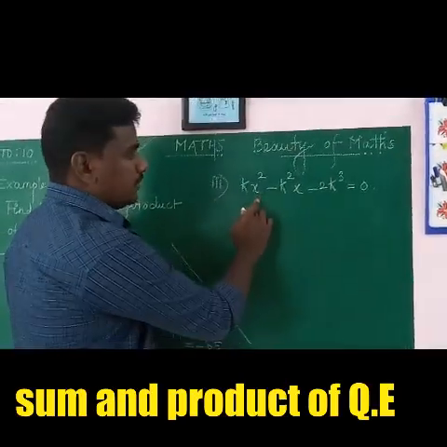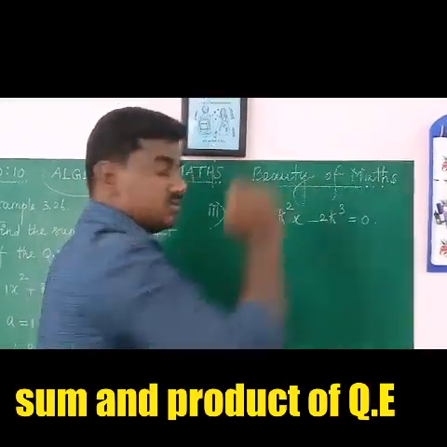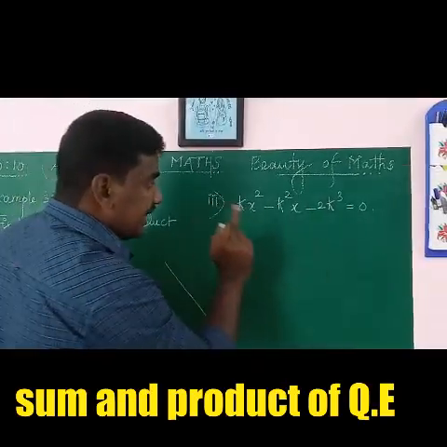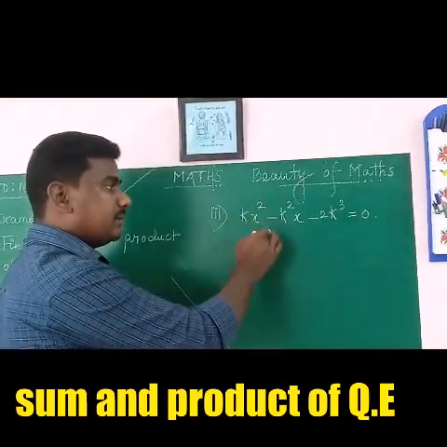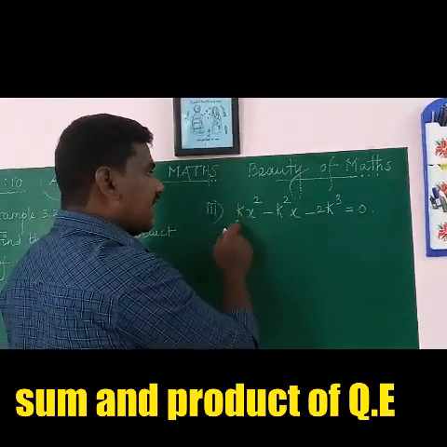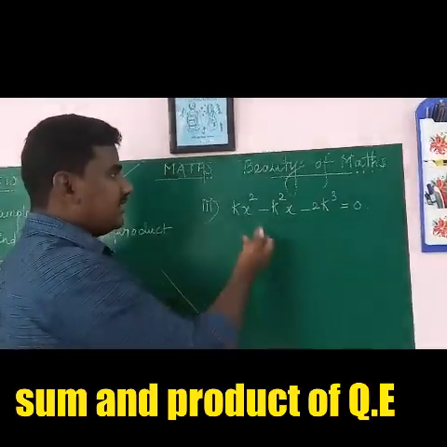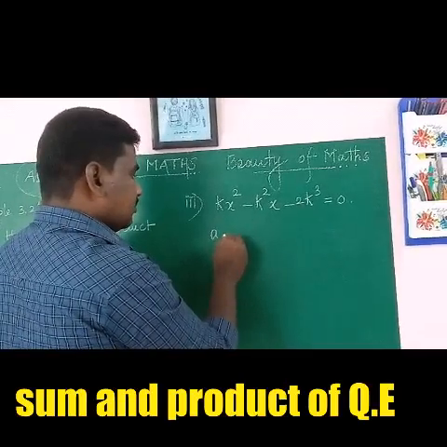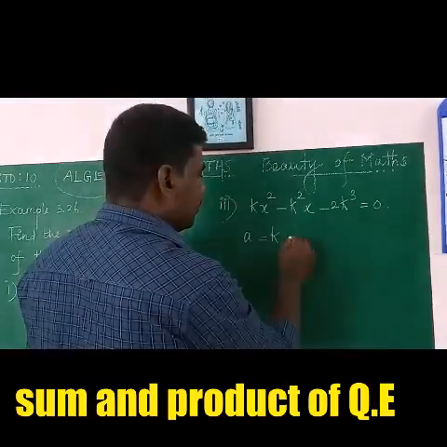Look at the problem. kx square minus k square x minus 2k cube is equal to 0. Listen, the variable is x. This is a quadratic equation. The variable is x. This k square and this 2k cube are constants and coefficients. So what is a? The coefficient of x square is a, so a is equal to k.